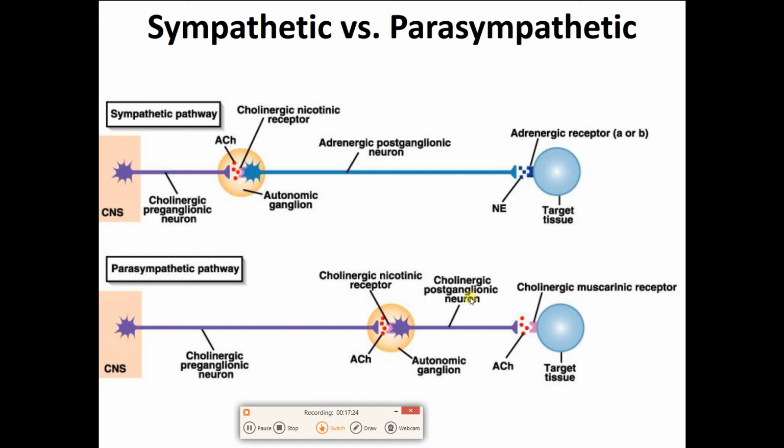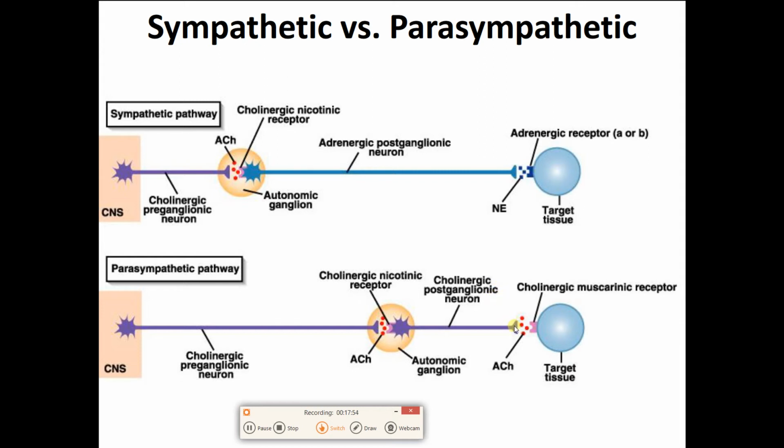The sympathetic one is called an adrenergic neuron because it releases norepinephrine, which is very similar to the hormone adrenaline. So, in the sympathetic pathway, our second neuron is an adrenergic postganglionic neuron, whereas in the parasympathetic pathway, the second neuron is cholinergic postganglionic because it releases acetylcholine.